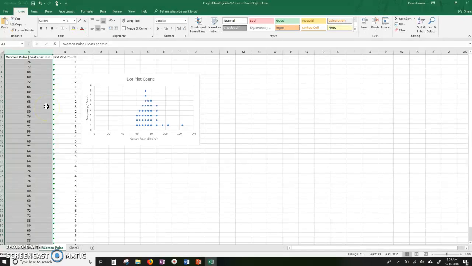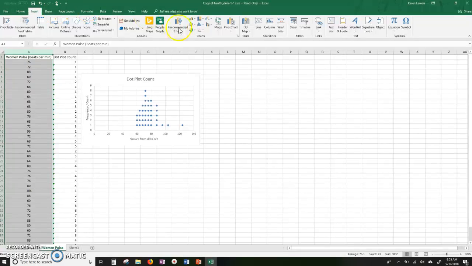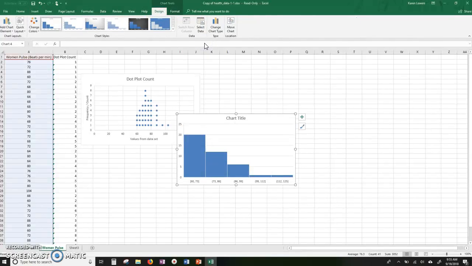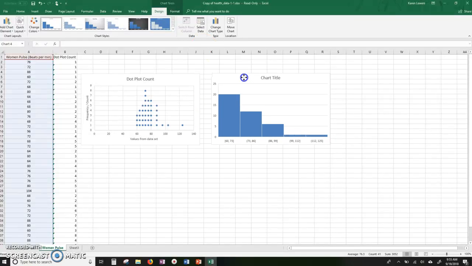All right, so once I have my data highlighted, step 1, insert. Step 2, go to this blue bar graph that says Insert Statistics Chart and choose that first histogram. And that's step 3. So that is done. So that's your histogram.